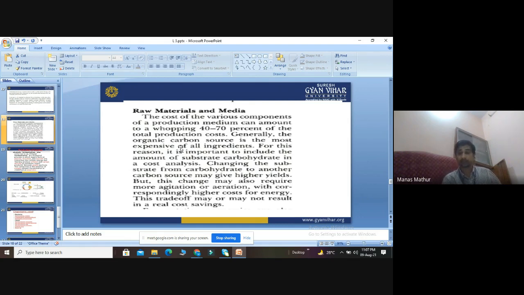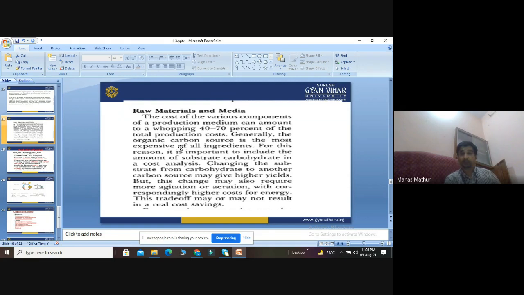If we change the substrate of carbohydrates to a carbon source, it gives an increased quantity of organic carbon. So it is recommended to use, as far as possible, the source of carbohydrates.